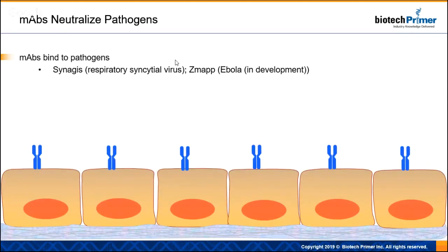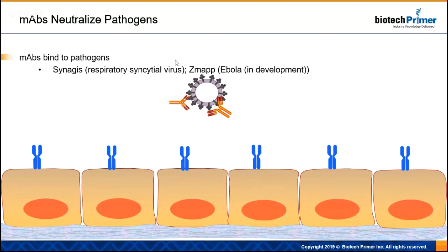Monoclonal antibodies can also neutralize pathogens. So Synagis is a drug that prevents respiratory syncytial virus in premature infants. This is a respiratory virus that most babies get, but don't necessarily become critically ill with it.